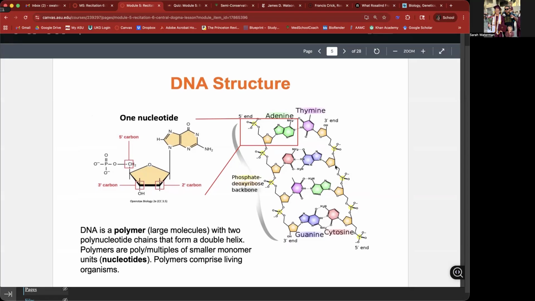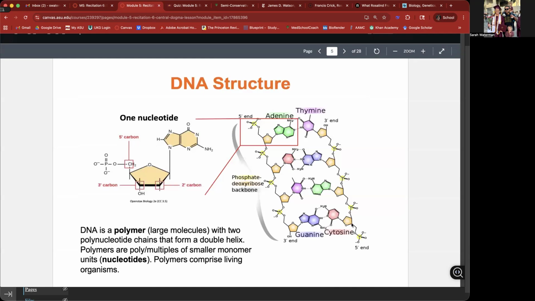So on our sugar phosphate backbone, we have this connection here. And so this is our 5' end because this is our fifth carbon, right? And this is our 3' end because this is our third carbon. One, two, three, right? Oops, I'm sorry, I counted the wrong way.